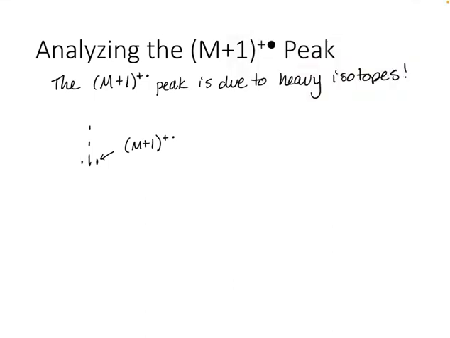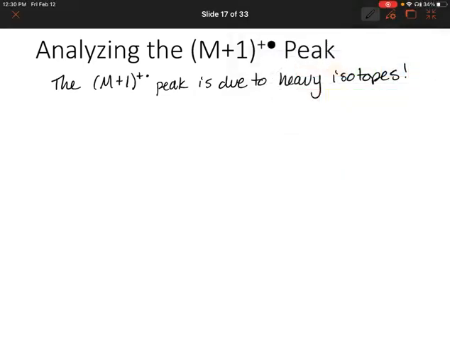All right, so let's write out some isotopes that will be pretty common in our molecules. So we have carbon-12, carbon-13, and then there's also carbon-14.